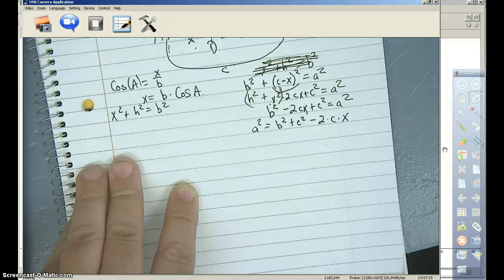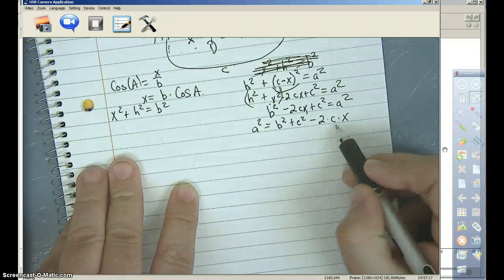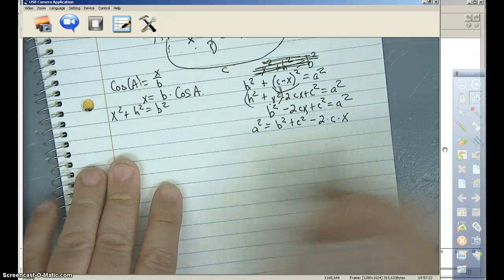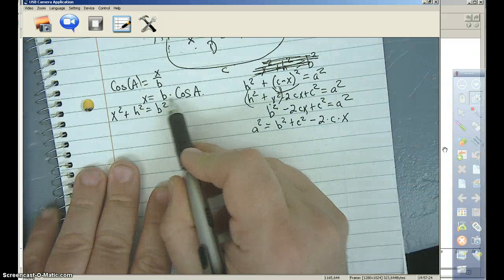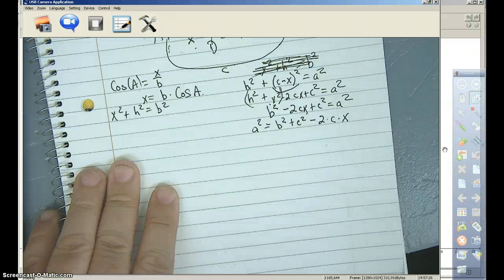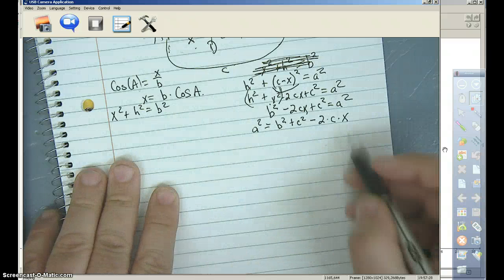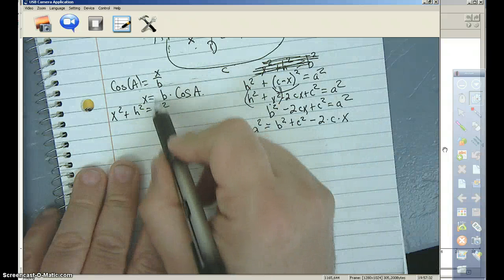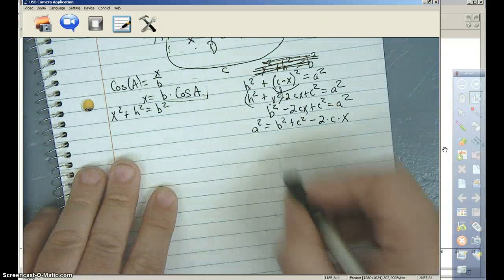So now I have minus 2 times c times x, but I have a solution for x. Remember, I solved for x. Here's x: b times cosine of A. So I'm going to substitute in for x this value right here. Okay? So here we go again.